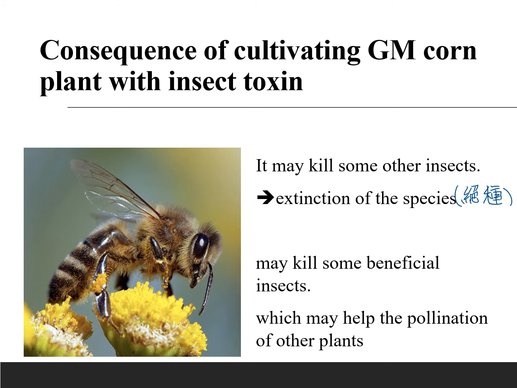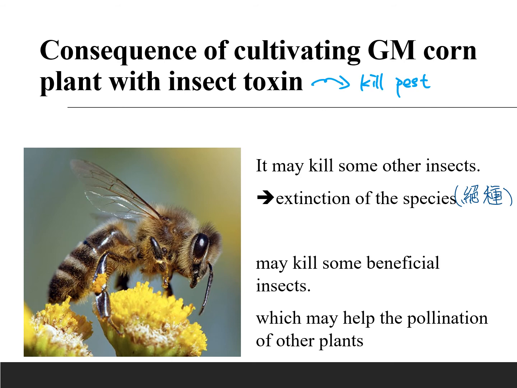So now the plant itself can release the insect toxin in order to kill the pest. Pests such as locusts will eat up a lot of plants, leading to very low production of plants and vegetables, etc. So it helps to kill the very damaging, annoying pests.